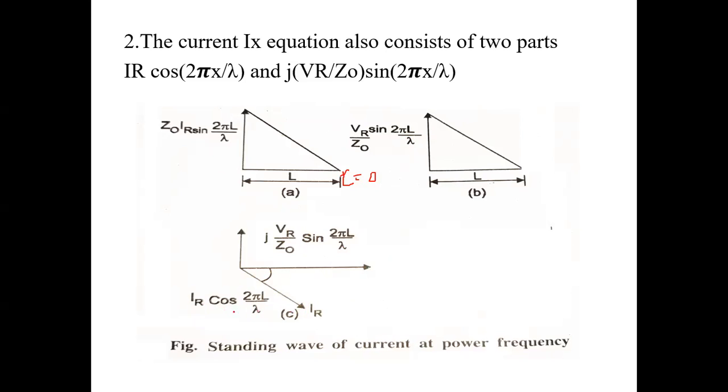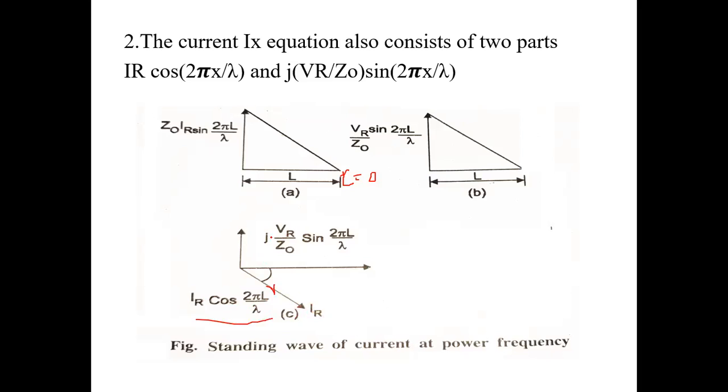Both the IR and the IR into cos 2 pi L by lambda are current vectors, but the magnitude of this current vector will be less than the value of this IR. So both will be in phase.